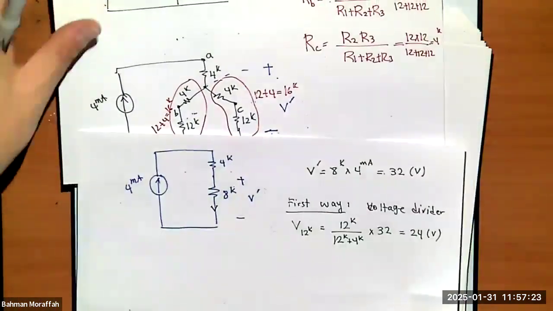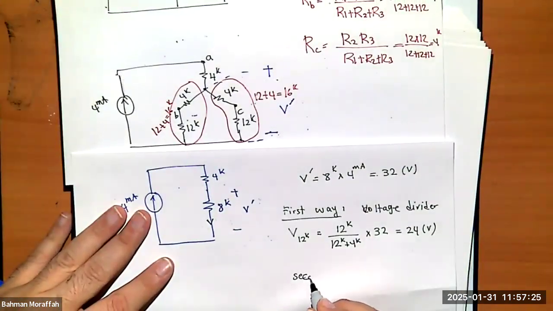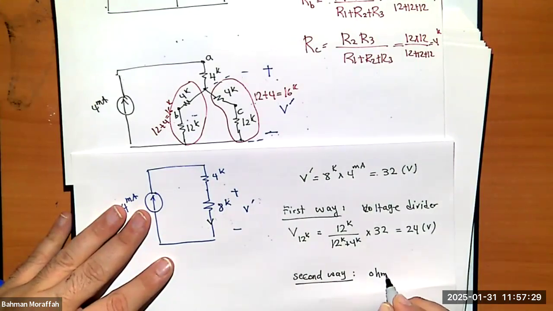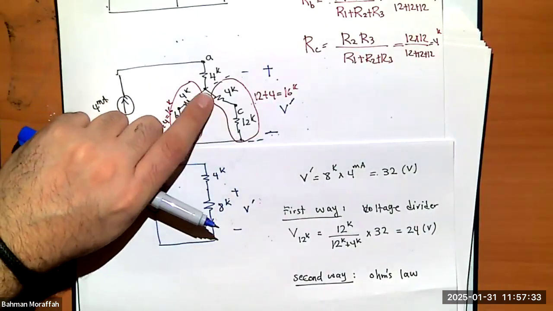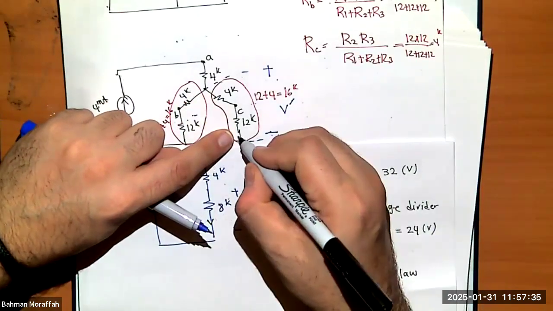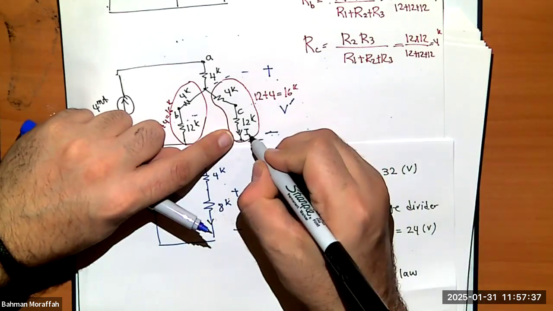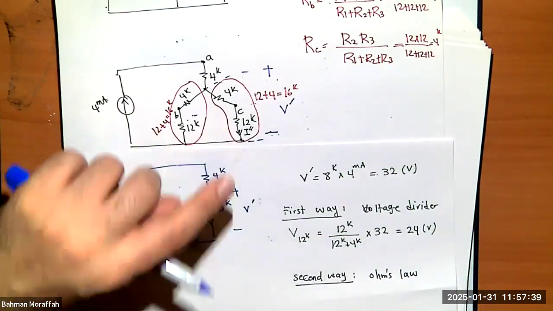Second way is to use Ohm's law. I know the current through this guy. Let's just call it I double prime.